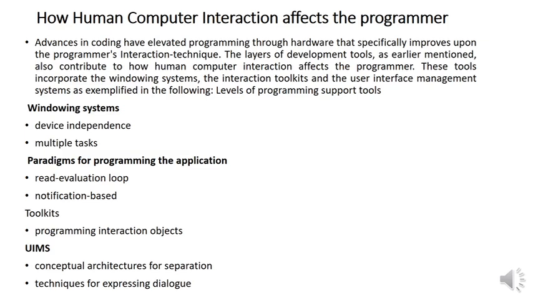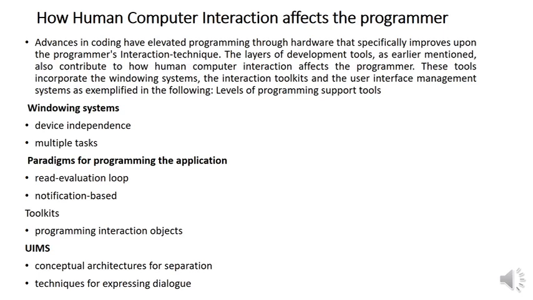Advances in coding have elevated programming through hardware that specifically improves upon how human-computer interaction affects the programmer. Advances in coding have elevated programming through hardware that specifically improves upon the programmer's interaction technique.